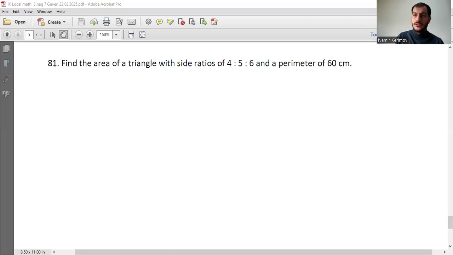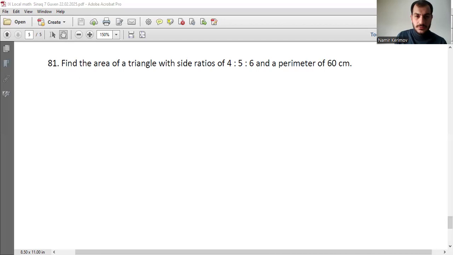And we can use the Heron formula to find the area. First, we should find the half of the perimeter, which is 16, 20, 24 half, or you can just divide 60 by 2.